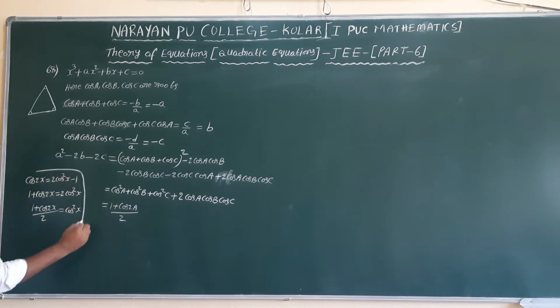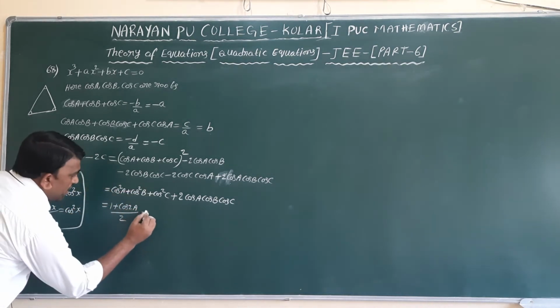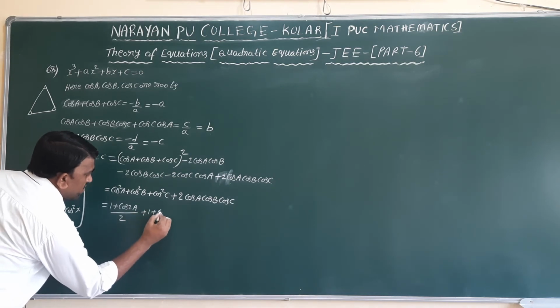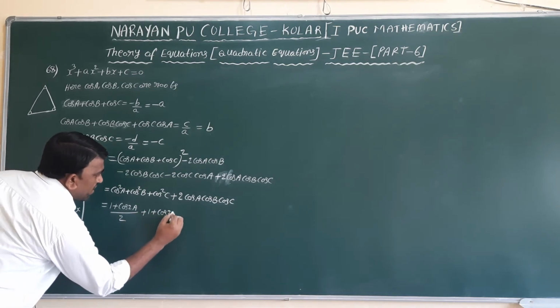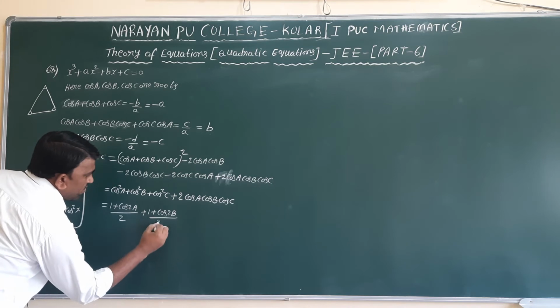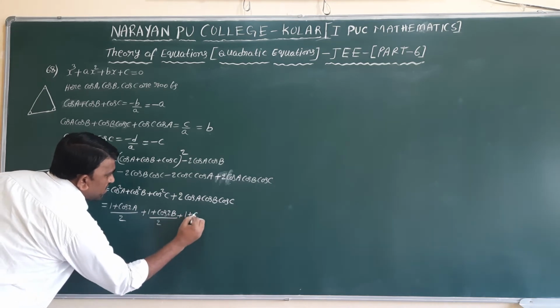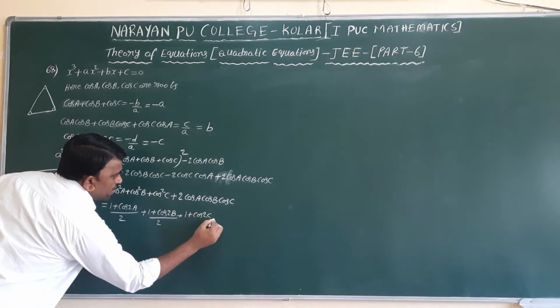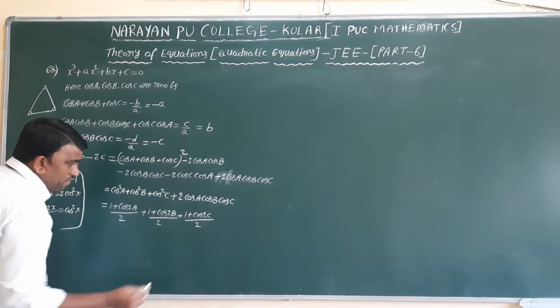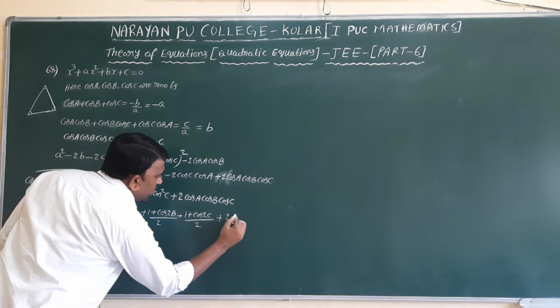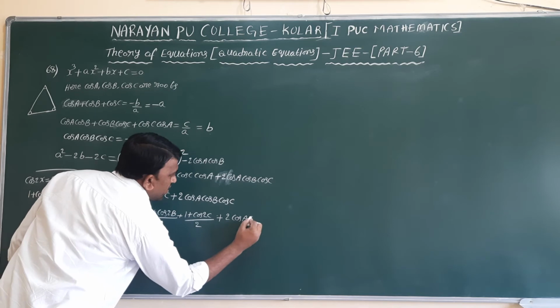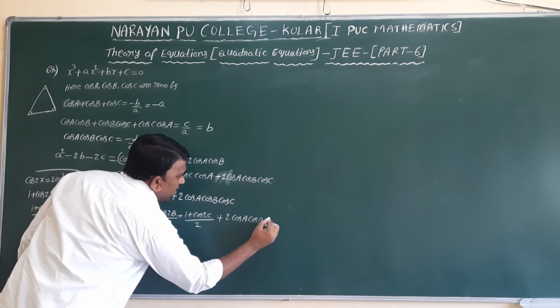This formula we need to apply for these three. Plus 1 plus cos 2b by 2 plus 1 plus cos 2c by 2 plus 2 cos a cos b cos c.